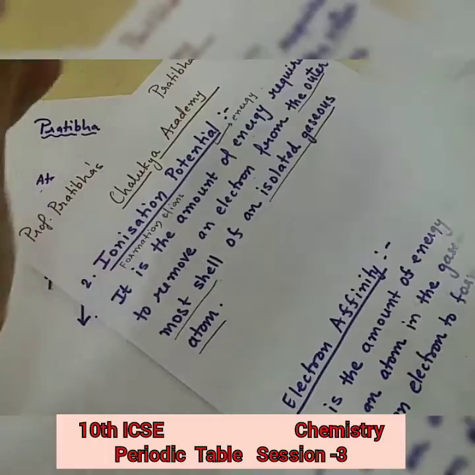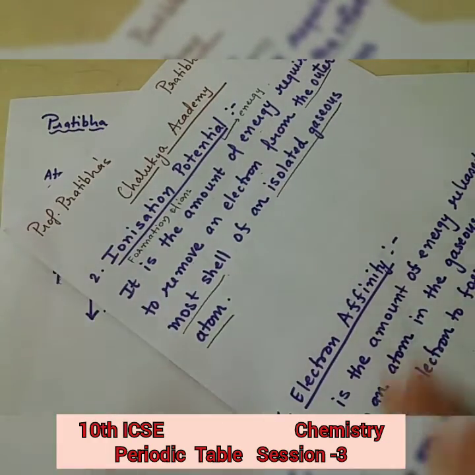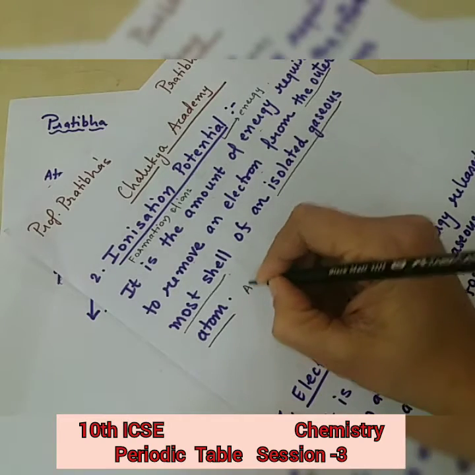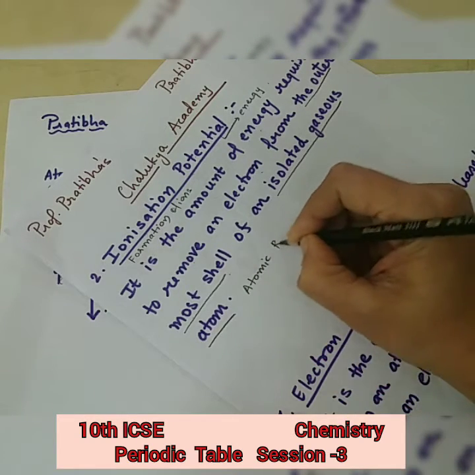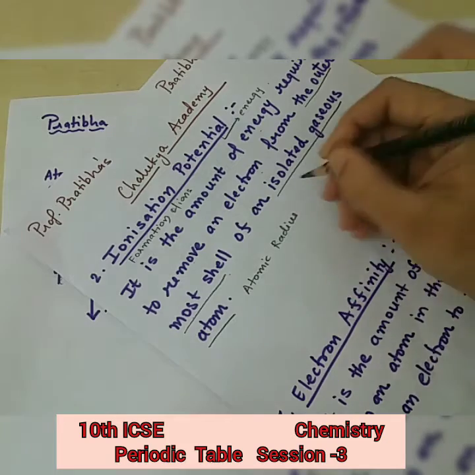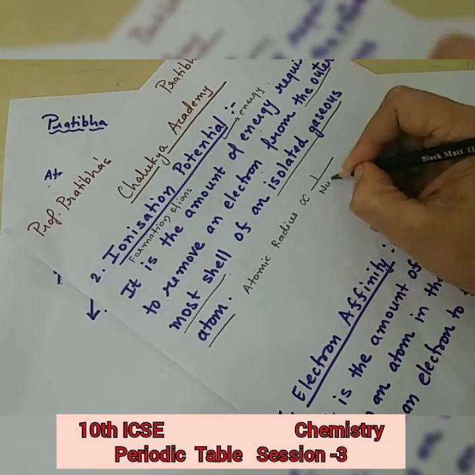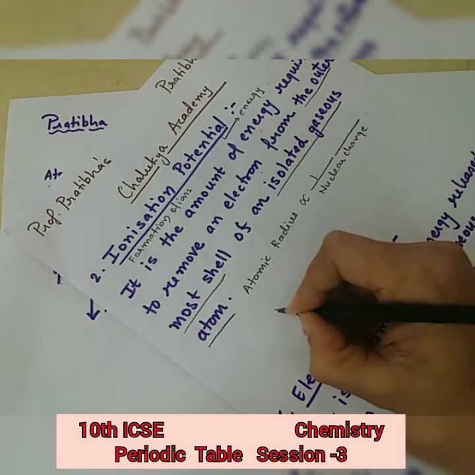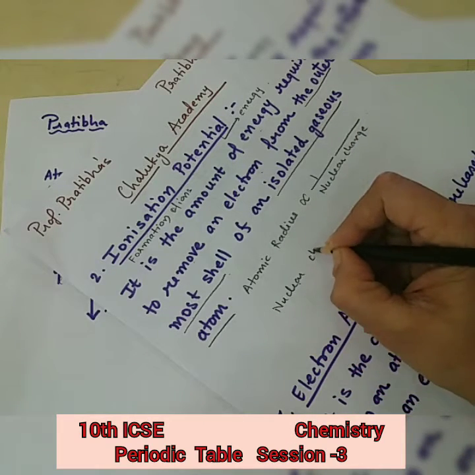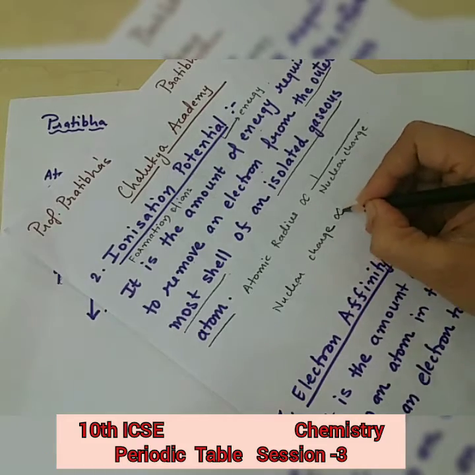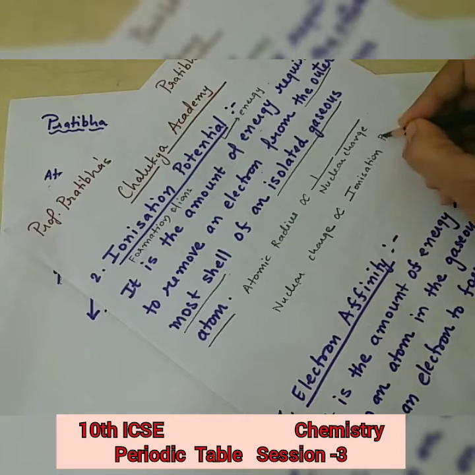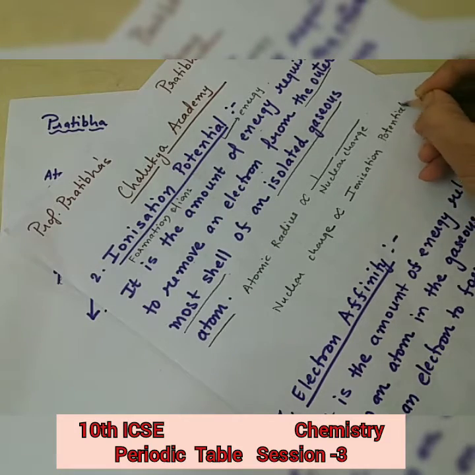So here we can conclude that, as I told you, for every periodic property you first have to think about the atomic radius. Atomic radius is inversely proportional to nuclear charge. But nuclear charge is directly proportional to ionization potential, or we can say ionization potential depends on the nuclear charge.